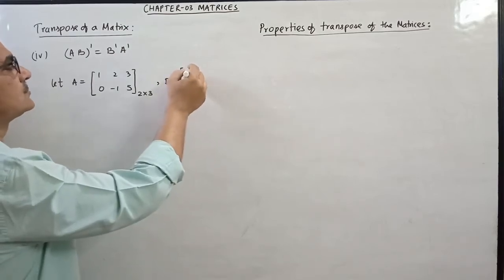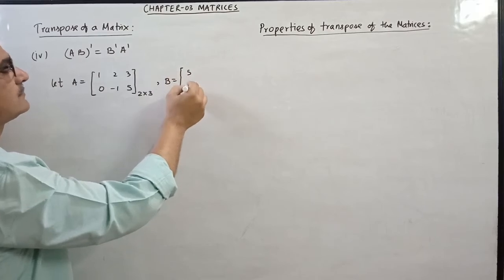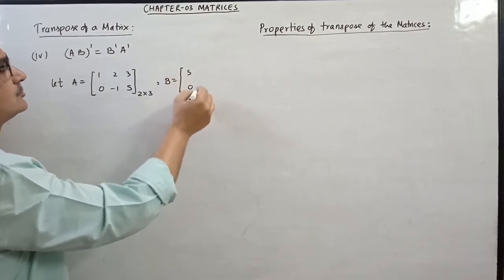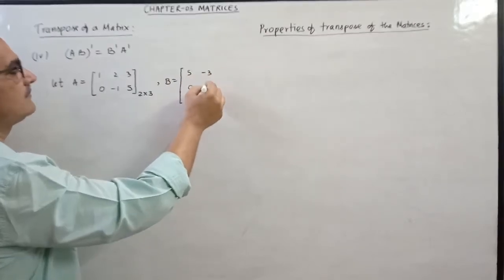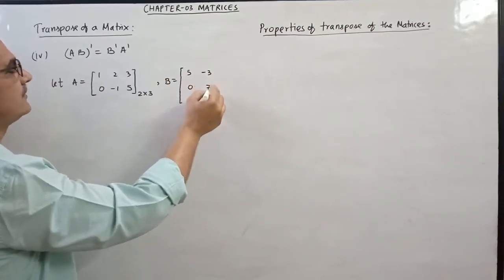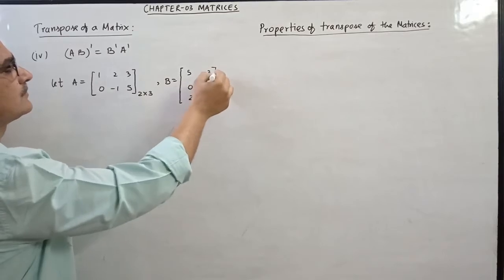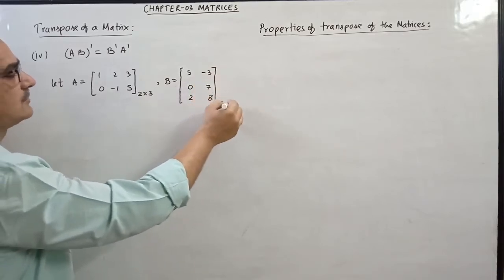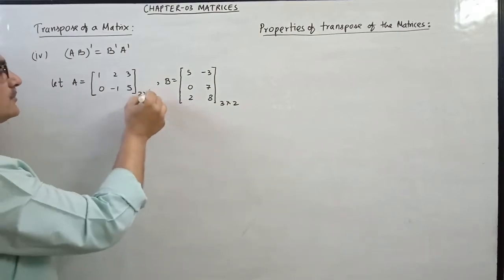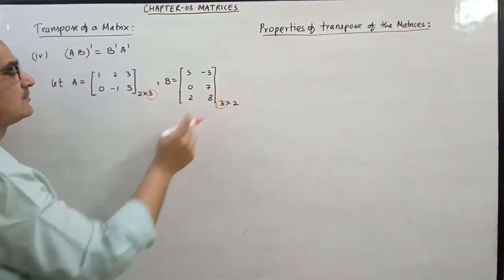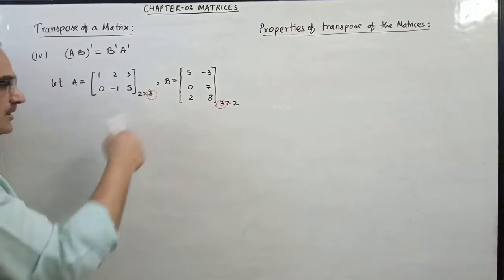Okay, so let's take here 5, 0, 2, minus 3, 7, 8. So what's the order of this? This order is 3 by 2. So what we are seeing here, that the number of columns of this is equal to the number of rows of this matrix, so we can multiply them.